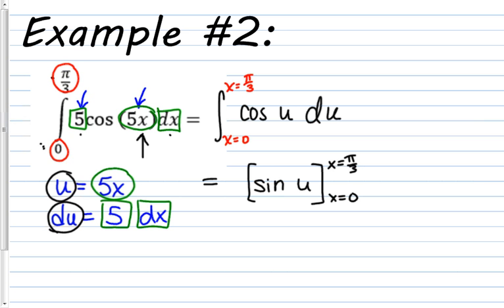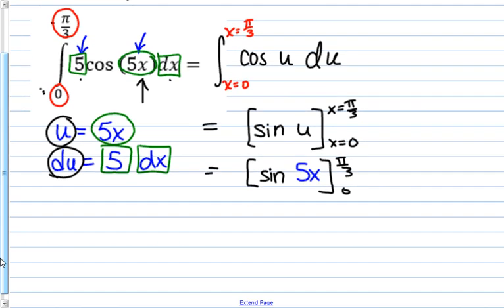But now I have to replace the u with what it actually is. So sine, and then u is 5x. And then I'm evaluating that. Oh, and now because x is back, I no longer have to write x equals 0 or x equals pi over 3. The integral's done. I'm just left with evaluating.